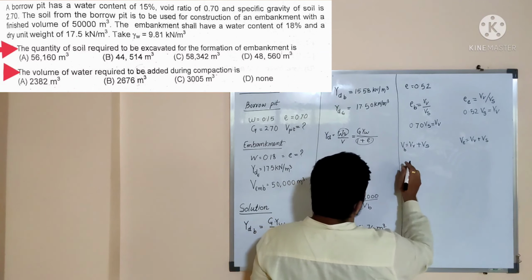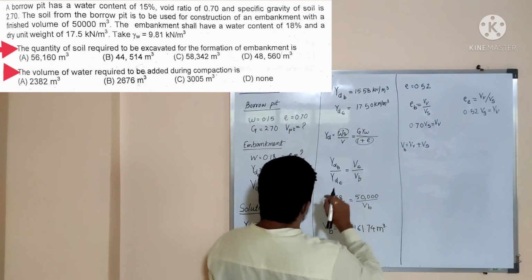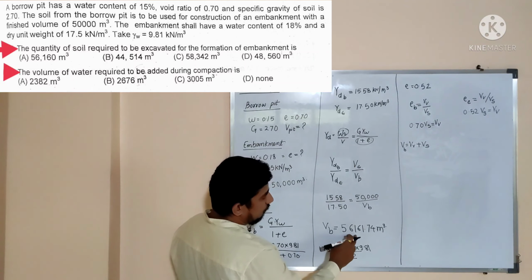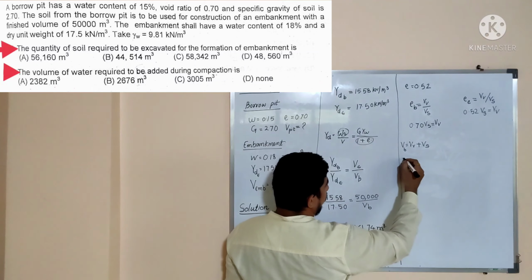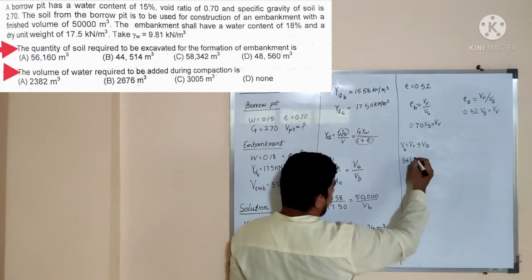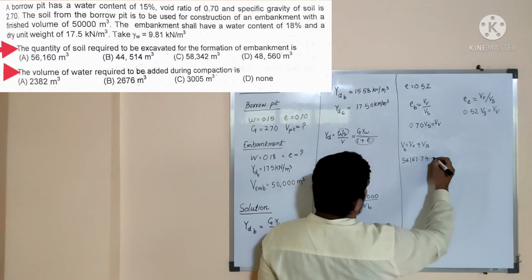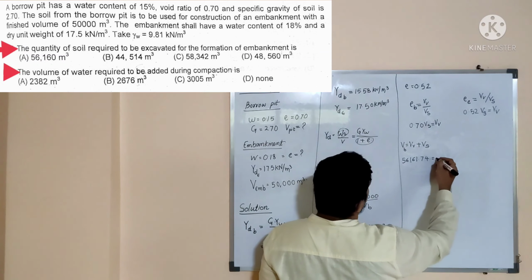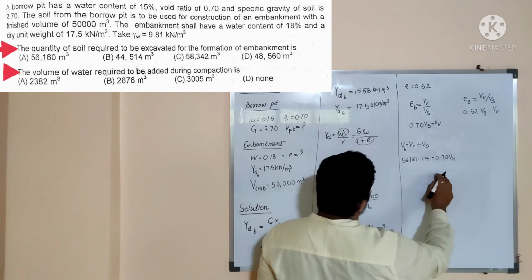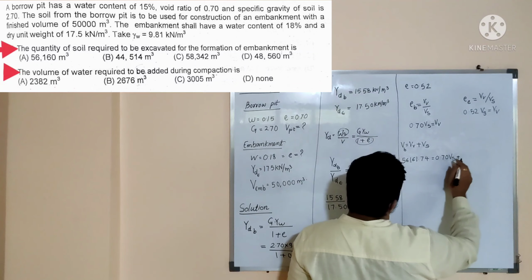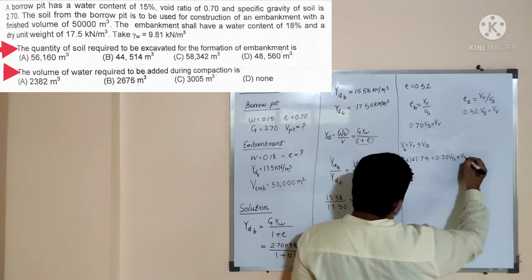Okay, so VB is known to us, that is 56,161.74. Volume of voids is 0.70 Vs plus volume of solids.